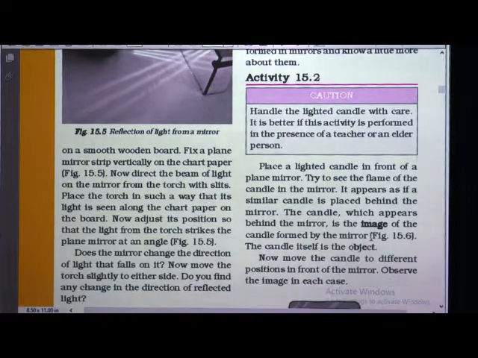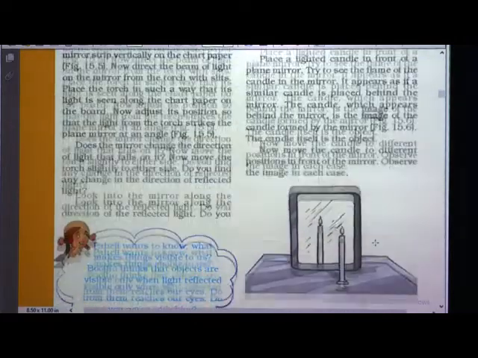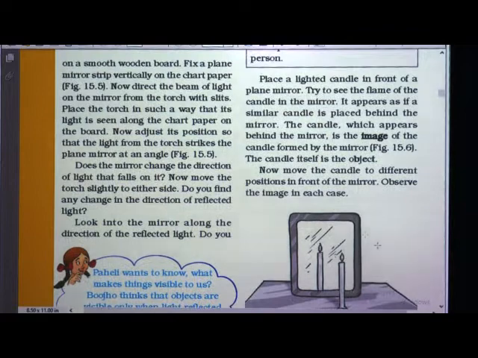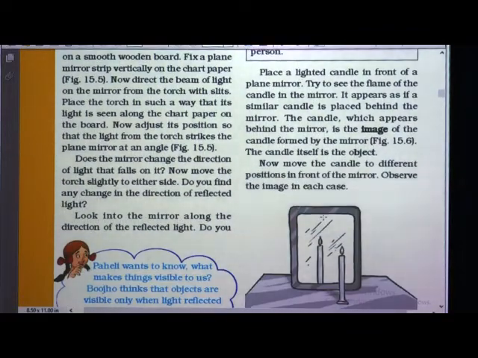Here you can see figure 15.6, image of a candle in a plane mirror. This figure is given here for this activity. Which activity is here? 15.2. You have to place a lighted candle in front of a plane mirror.